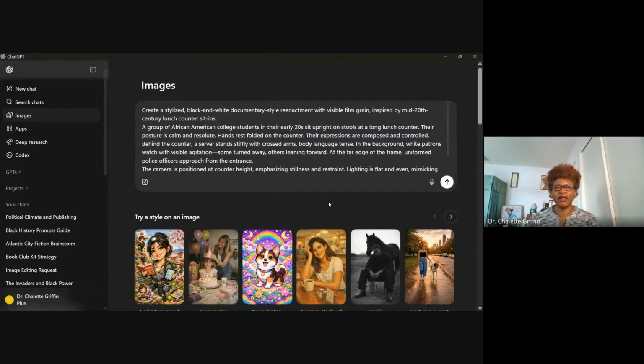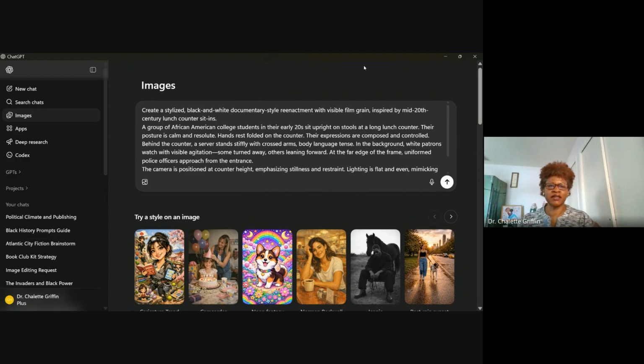All right, so now I just went ahead and dropped the lunch counter prompt into the chat. We're going to see what happens when we generate. Before I hit the generate button, I want you to see how the 6 piece framework works.